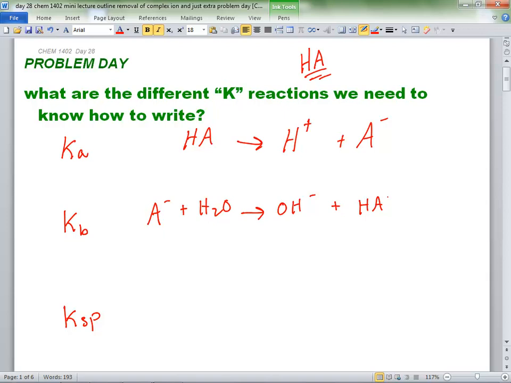Okay. Mari, what's the general way how to write Ksp reactions? Yeah, that's how you write the Ksp expression. But what's the general way to write the Ksp reaction? What's always the product?